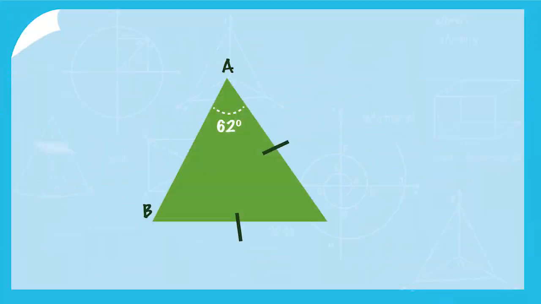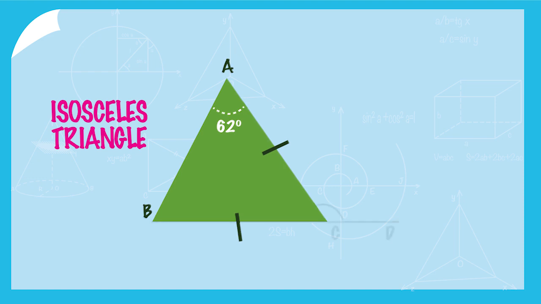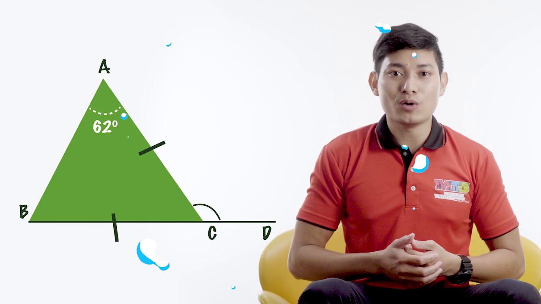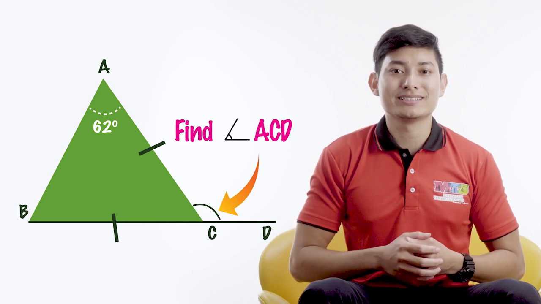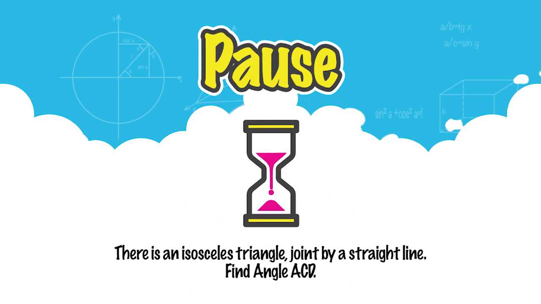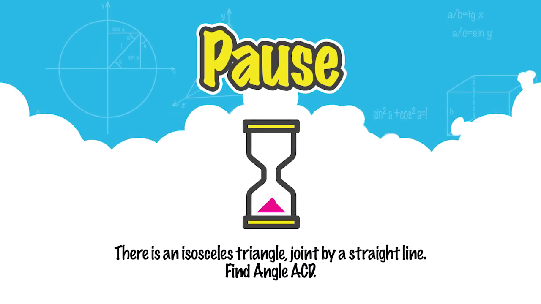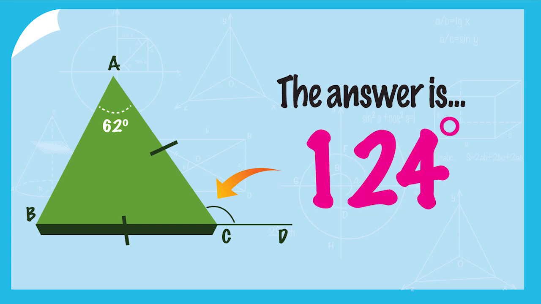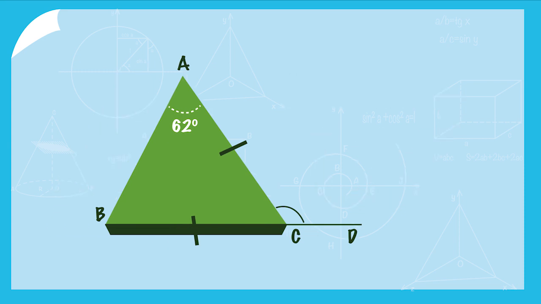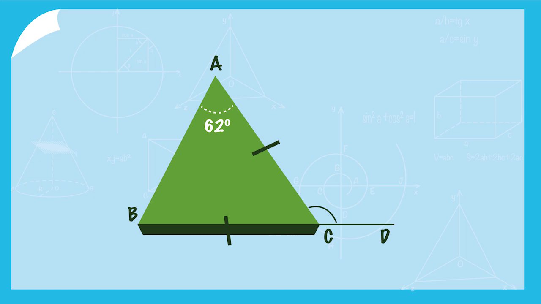In the figure, there is an isosceles triangle joined by a straight line. Now, pause the video and find angle ACD. The answer is 124 degrees. Well, as you can see from the figure, it is an isosceles triangle.